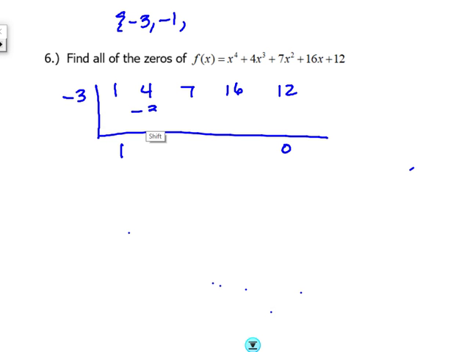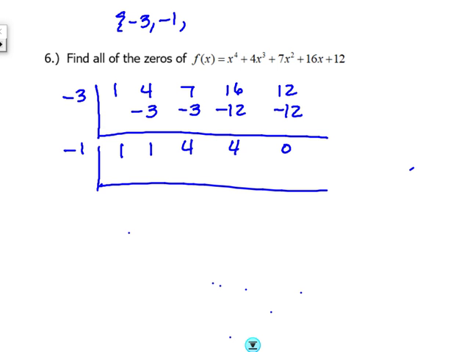All right, drop, multiply, add, multiply, add, multiply, add, multiply, and I'm getting a 0. Let's do synthetic again with my negative 1. So drop, multiply, add, multiply, add, multiply, and I'm getting my 0 again.